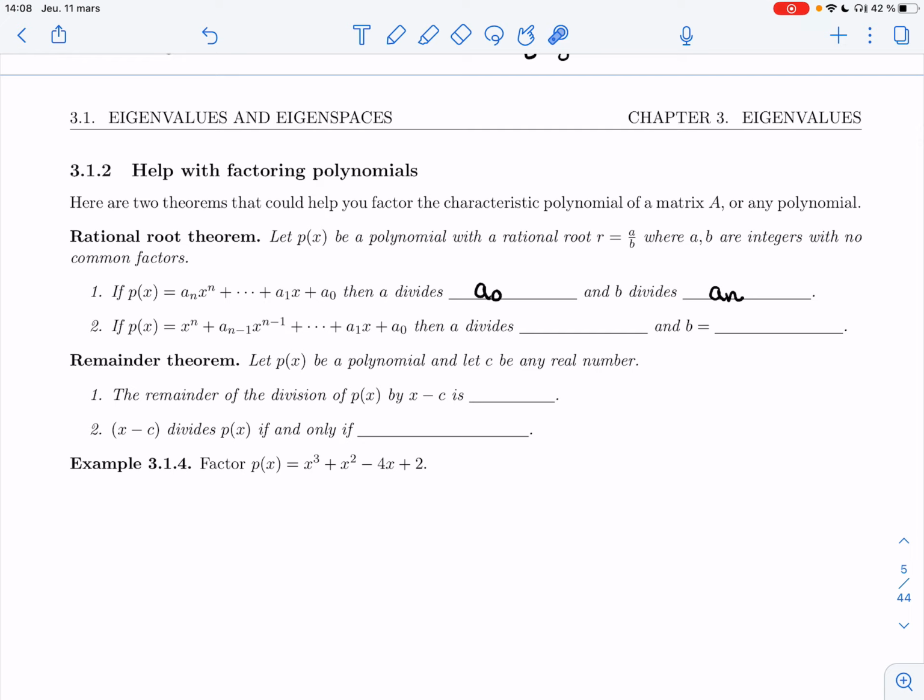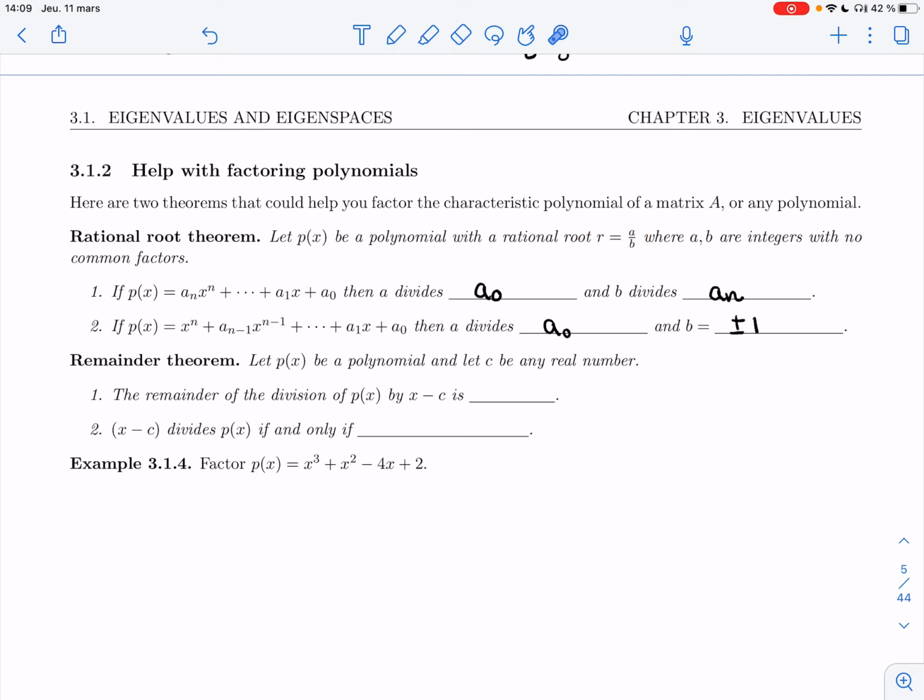If you have a 1 here, then a divides a0, but then an is 1, and so the only thing that would divide it is plus or minus 1. So really, in this case, your roots are integer divisors of a0.